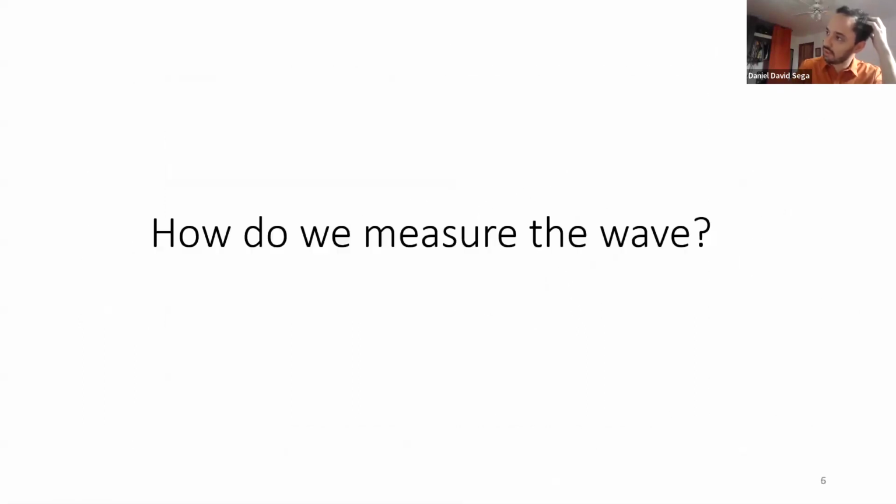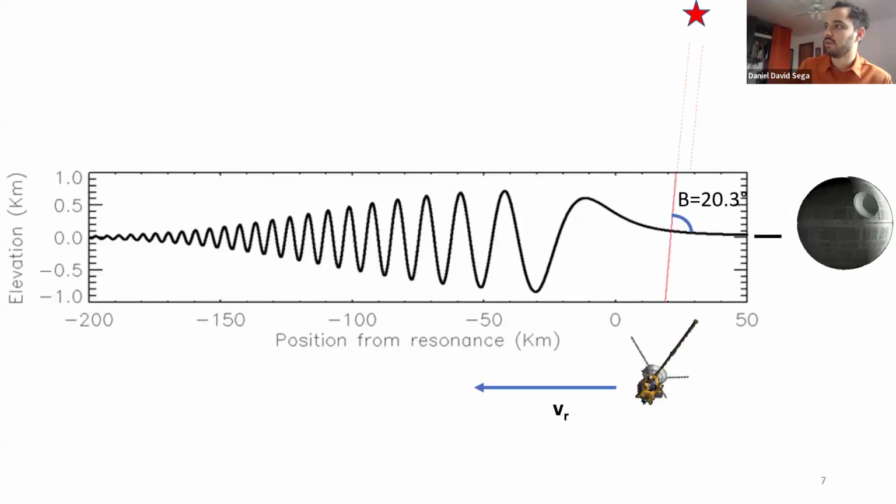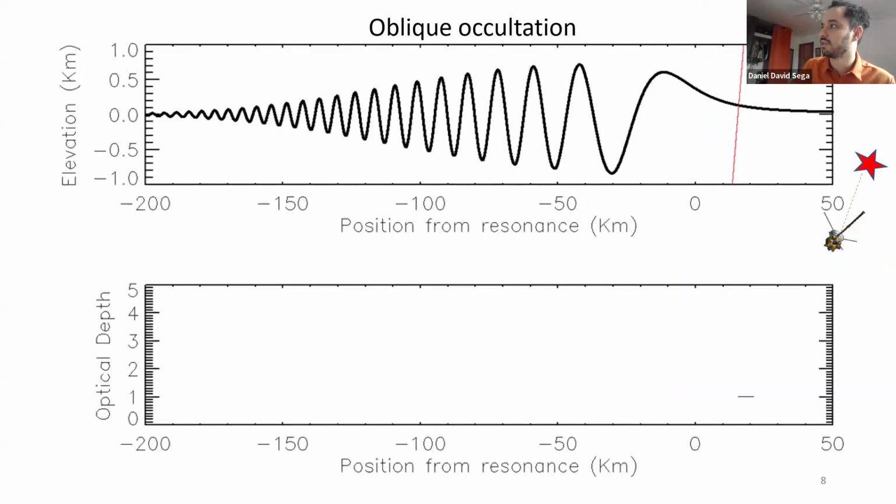So how exactly do we measure the waves in the rings? Well, we use occultations. We look at a star, and as the light crosses the ring, the ring will attenuate the light at different intensities. And that's going to tell you about what the geometry is. So here's an example.